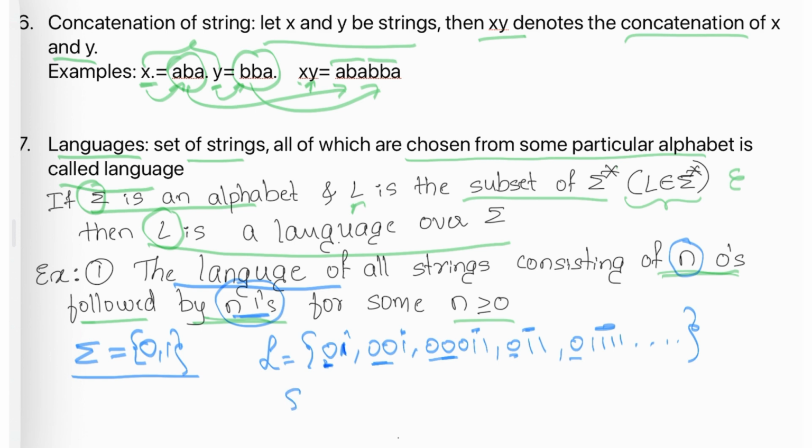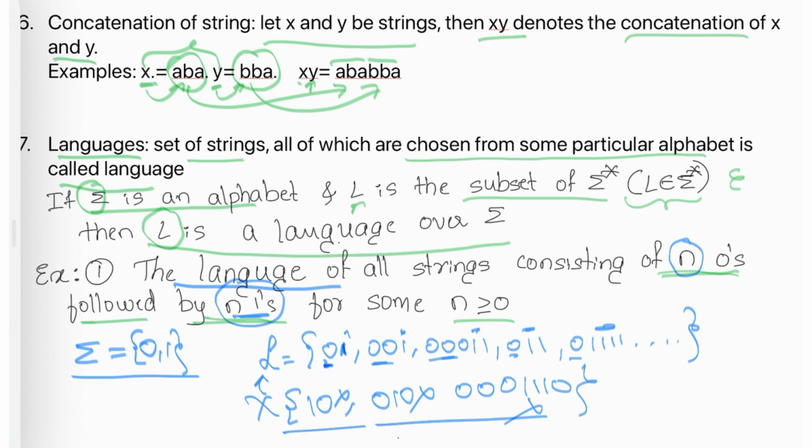The possible strings which will not come under this language are 10, which will not come, then 010 will not be considered, then 0001110 will not be considered. Why are these all not considered? Because here 1 is coming before the 0.